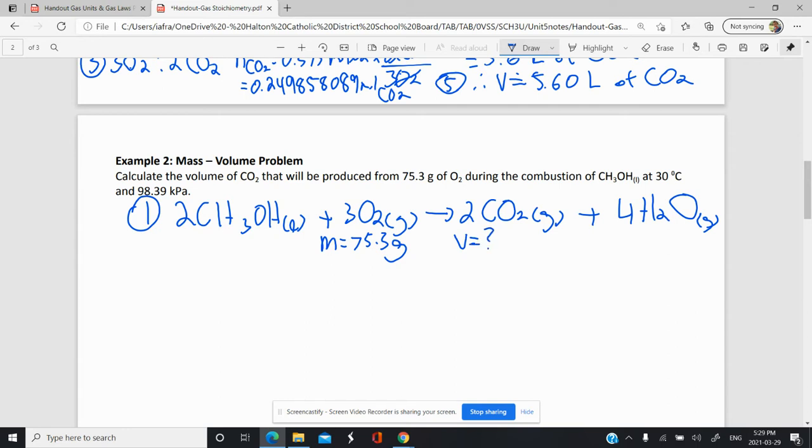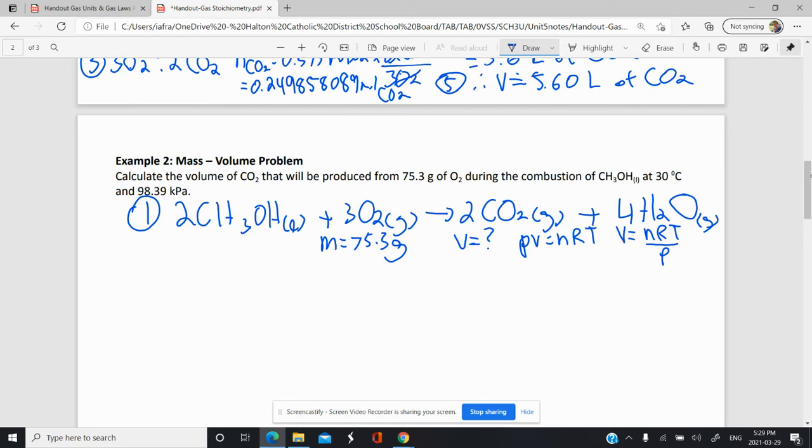So we know we need to do a mole-to-mole ratio to find CO2 from O2. And then once we have our number of moles of CO2, we can do PV is equal to nRT. And we can find the volume by manipulating the equation and getting that V is equal to nRT over P.